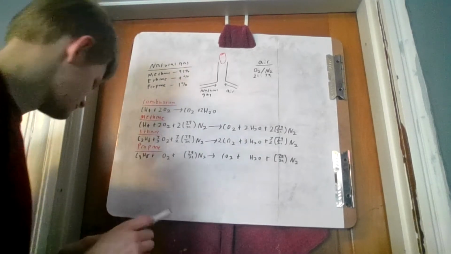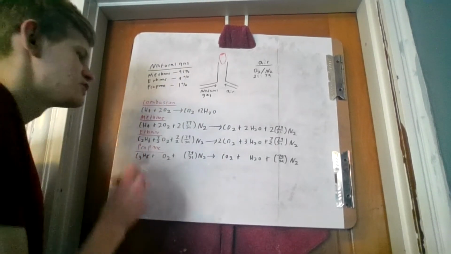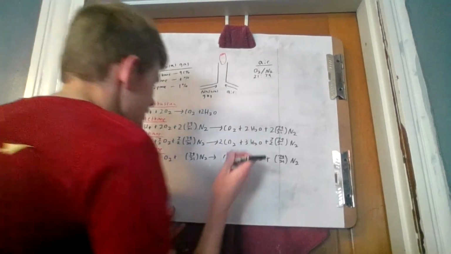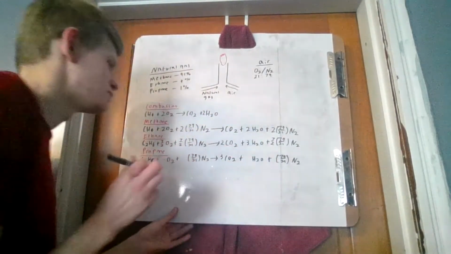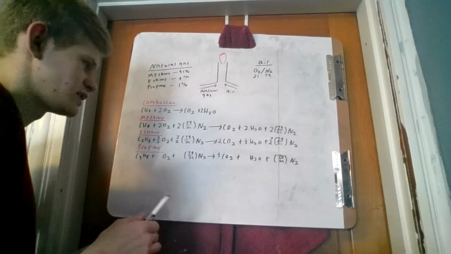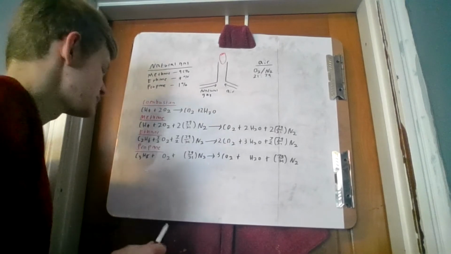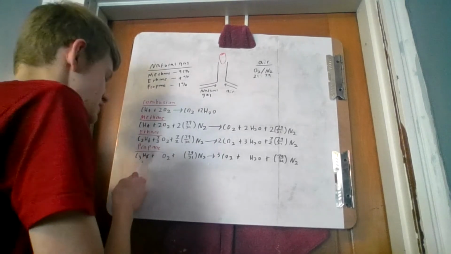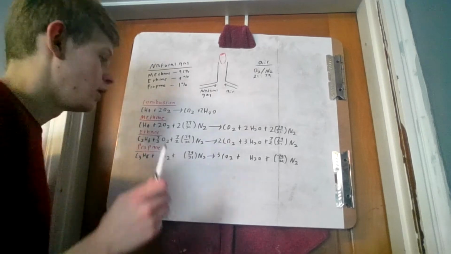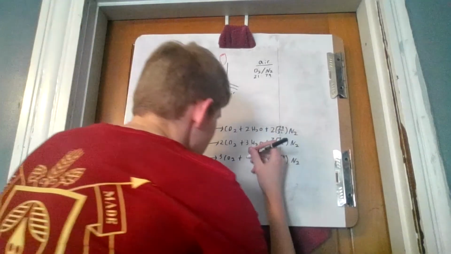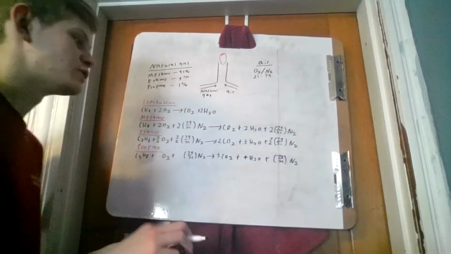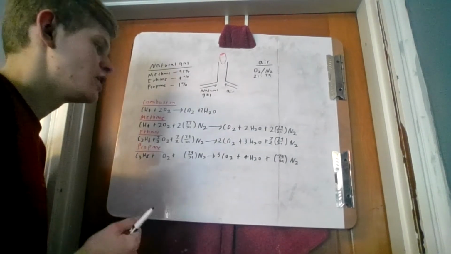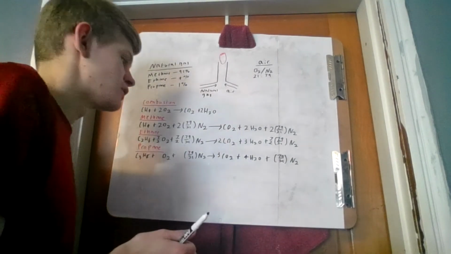So we have 3 carbons, so we can immediately say that we have 3 molecules of carbon dioxide on the right side. And since we have 8 hydrogens being reacted here, we also know that there's going to be 4 molecules of H2O, or water, being produced over here.